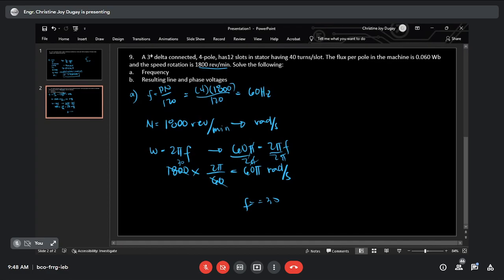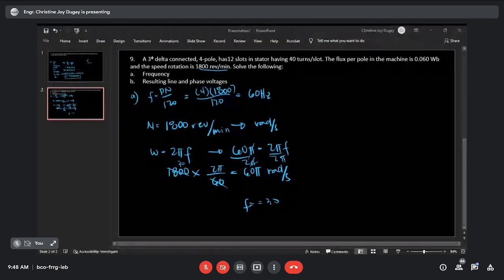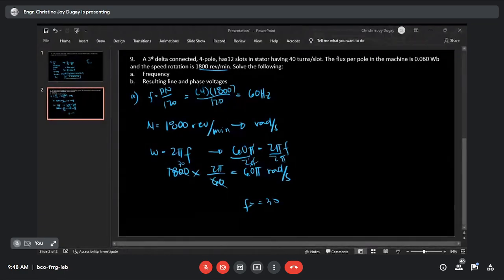Pa-check nga ako, 1,800 revolution per minute. Hindi po talaga nagtutugma. Bakit kaya?